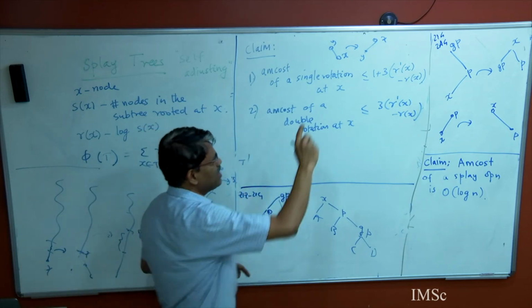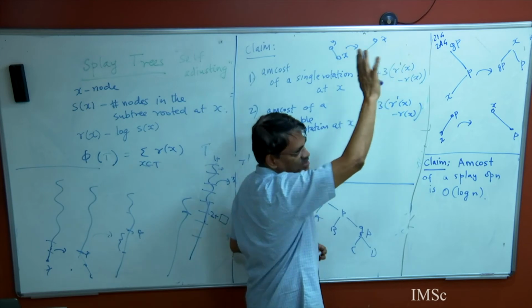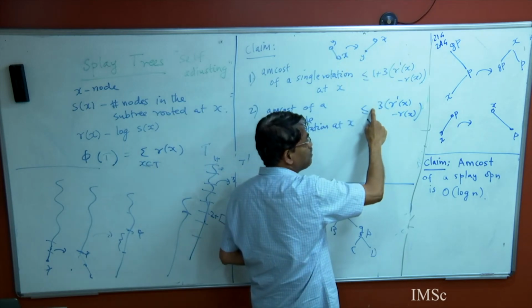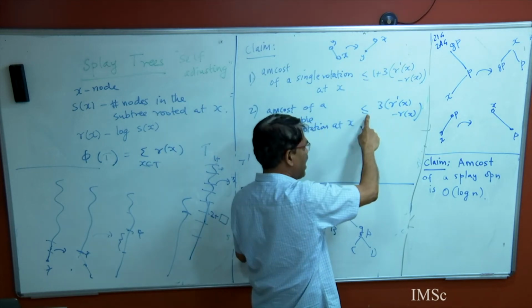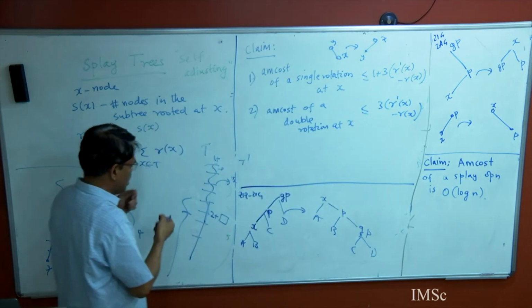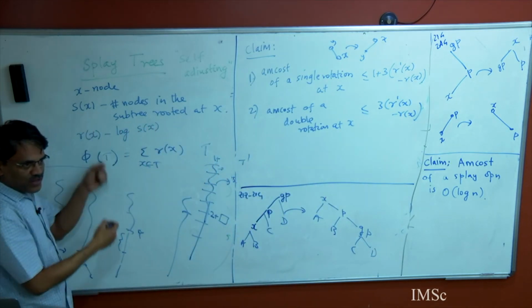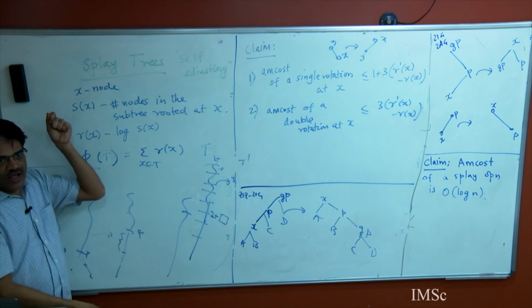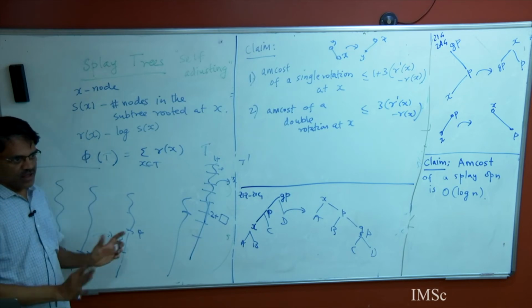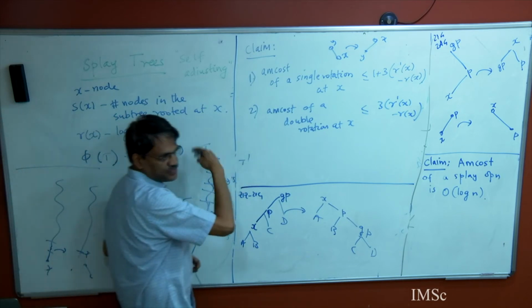Okay. If I do single rotation, there will be a plus 1. That's all. See, the good thing is there is no plus 1 here, because I can't afford a plus 1 here, because so many double rotations I'm doing, that's corresponding to the actual cost, which could be as bad as n. But that's all absorbed here.